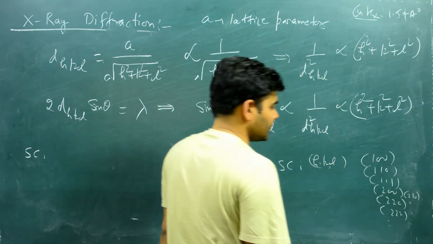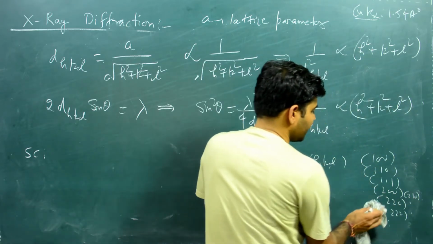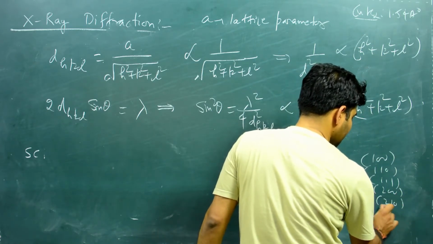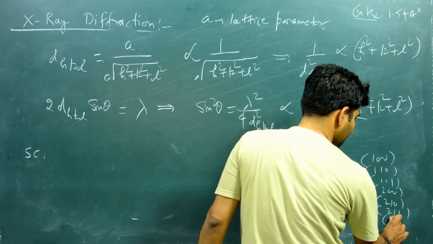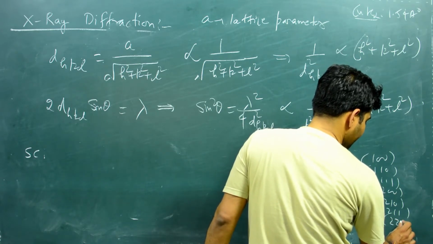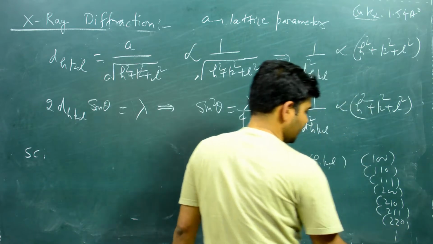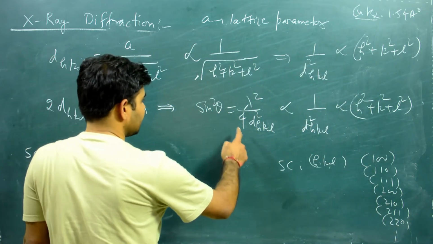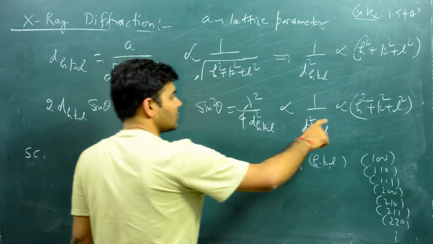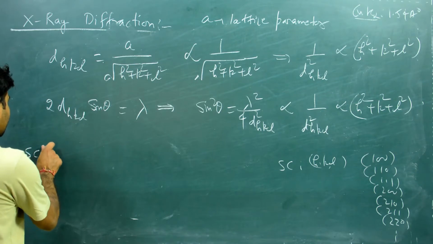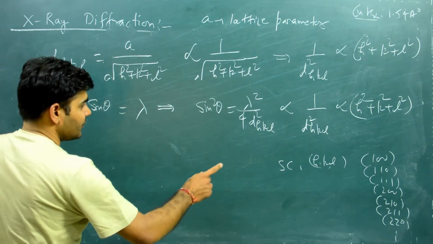If I write them in a proper sequence, it is 200, then 210, 211, and then 220, and so forth, 222.